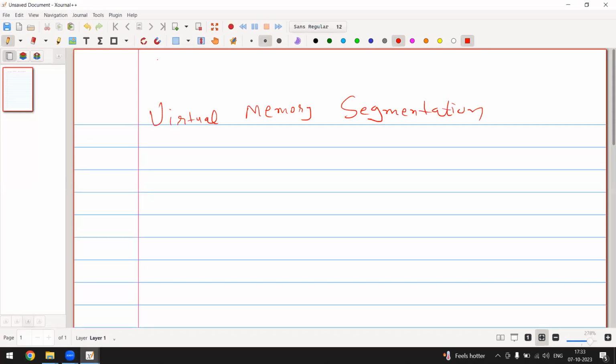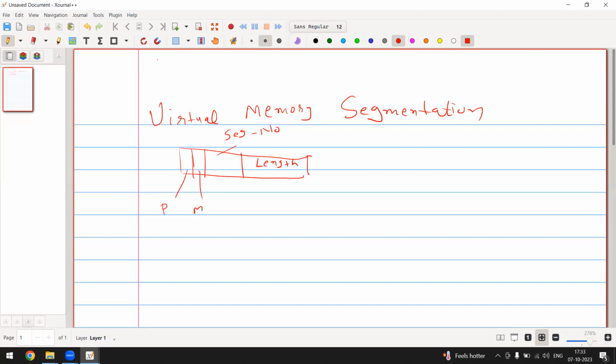In case of virtual memory segmentation, your segment table is similar to your normal segmentation table where you have segment number and length. But along with that, you have two more bits as in normal paging. You have present bit and modify bit.